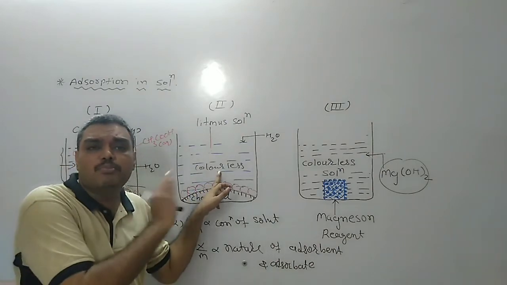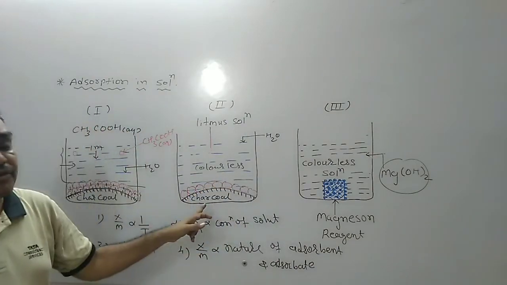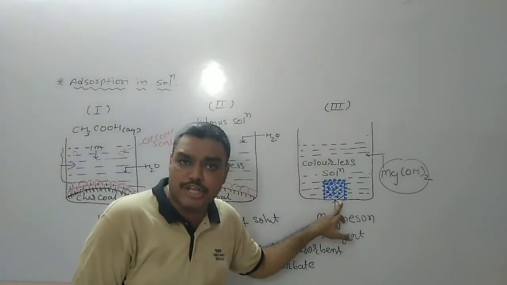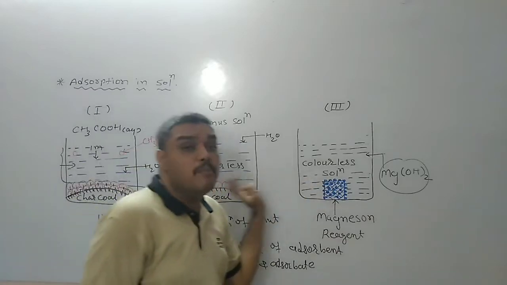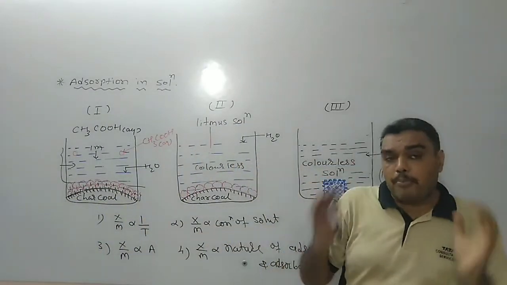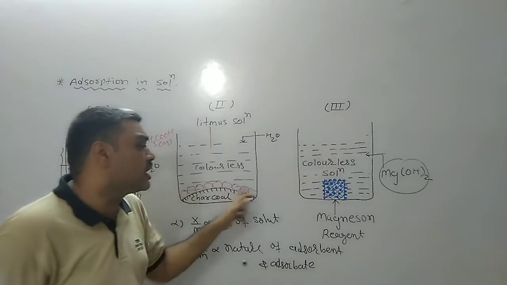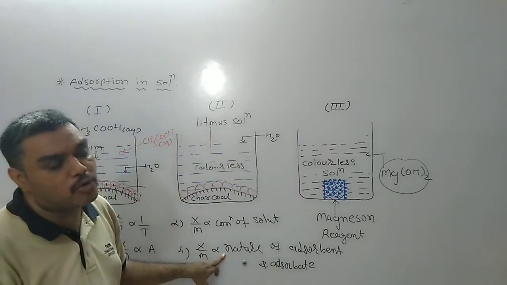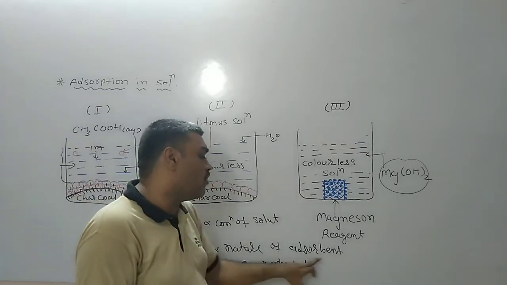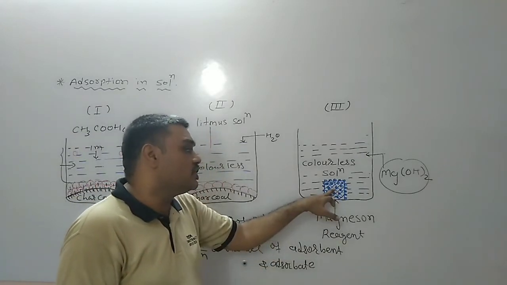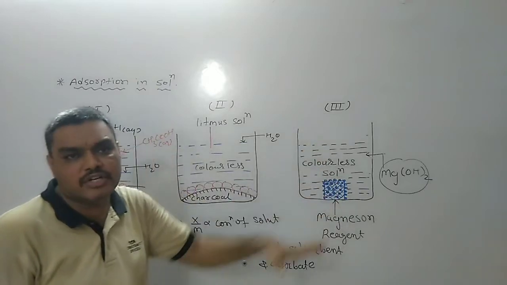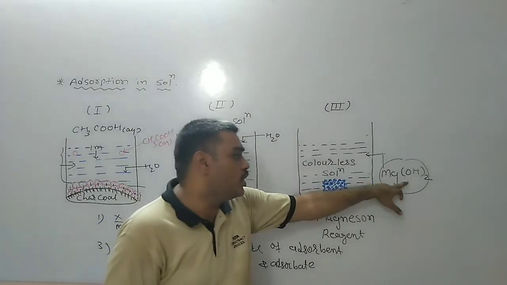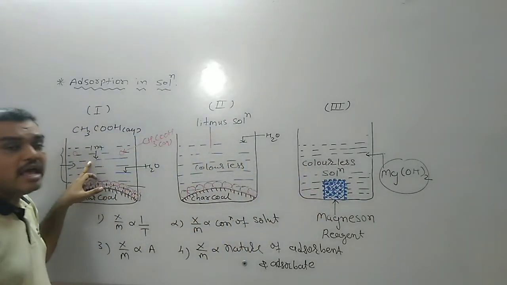So you can compare both, and adsorption becomes different. Here you will find charcoal, and here you will find magnesium reagent. You can find that the magnitude, the proportion of the adsorption, becomes different. So adsorption depends on the nature of the adsorbent, like charcoal, magnesium reagent or whatever solid surface, as well as the adsorbate, either a solution of Mg(OH)2, litmus or acetic acid.